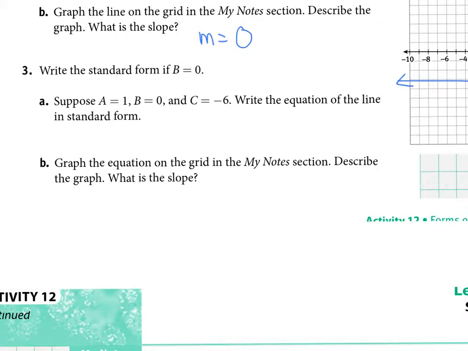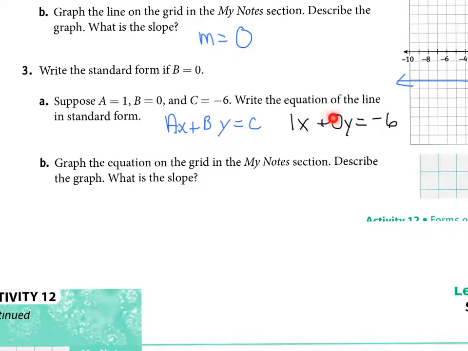Now let's look at what happens if b equals 0. So again, here's ax plus by equals c, and we're going to put b equaling 0. So a is 1, so I have 1x plus 0y equals -6.